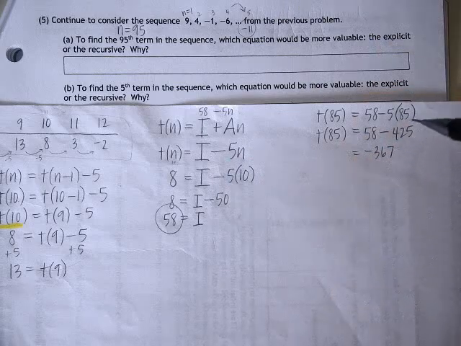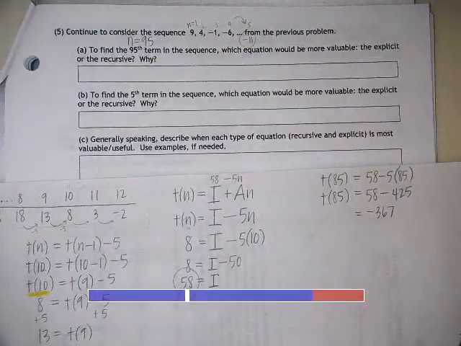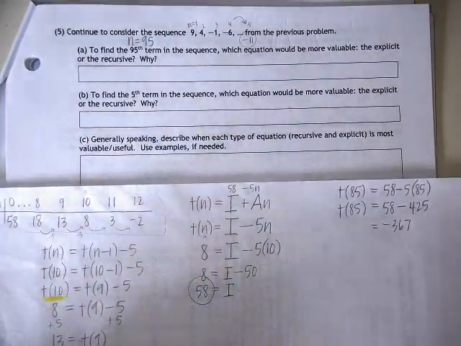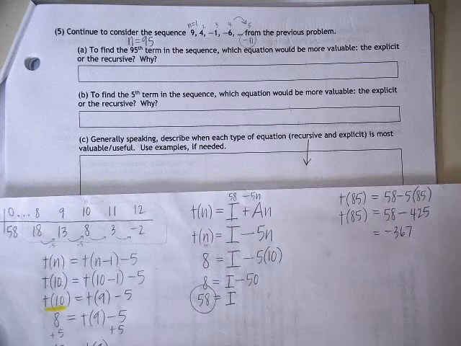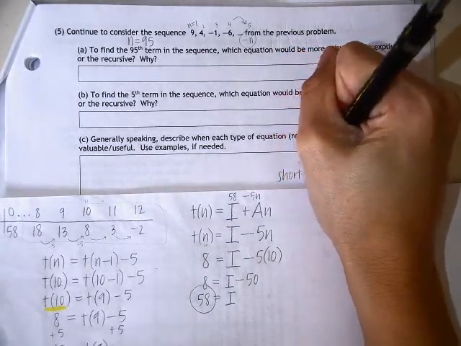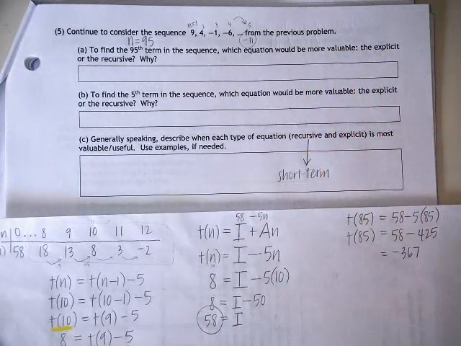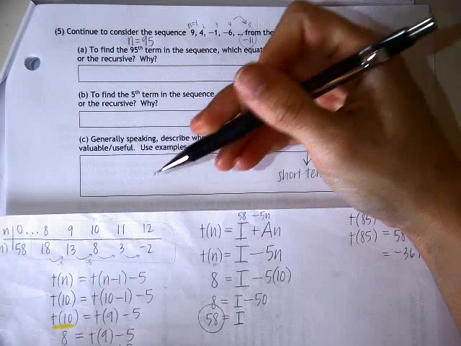So that in context is why I do want you to think about those two possible situations, short term versus long term. Recursive equations are generally more useful in what I refer to as short-term problems, which is where you're trying to find terms that are relatively close to the one you're given.